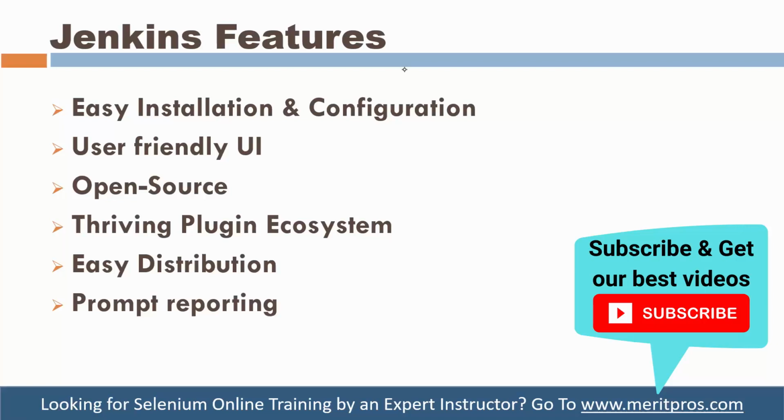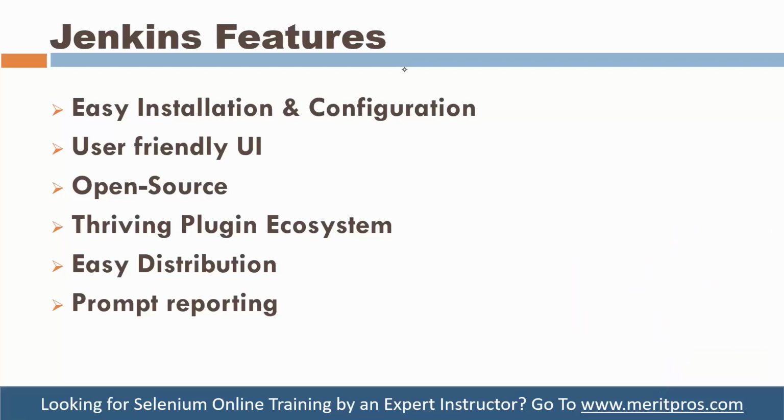You can find compatible plugins for your project. Is it clear? Then easy distribution. Obviously, if you have multiple jobs or multiple projects, you can execute some of them at one time, a few of them, all of them, or none of them at one time. Easy distribution of projects.